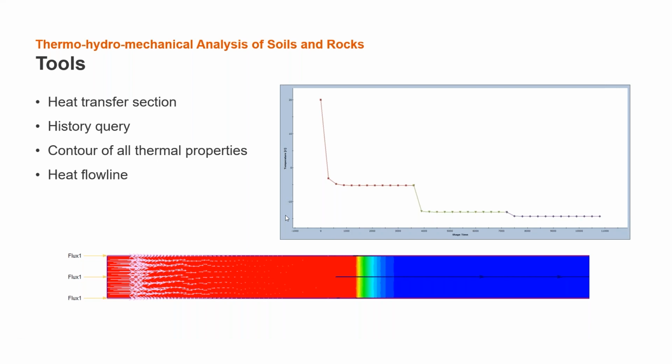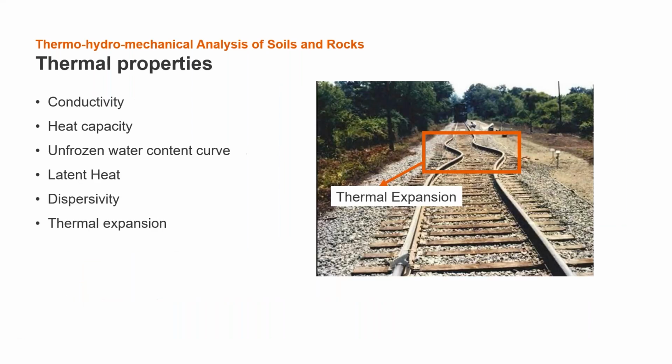All of the thermal properties such as conductivity, heat capacity, unfrozen water content, and thermal results such as temperature, heat flux, heat gradient, and heat flow length can also be visualized by contouring as well as the history query, as you can see here. For the history query, you can also visualize it during the calculation in our engine UI, where you can see the temperature, the displacement, and pressure changing during the calculation.